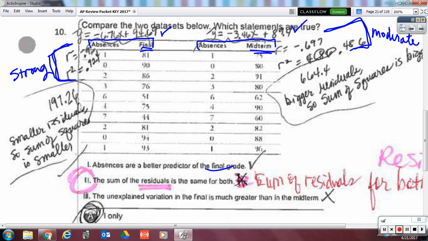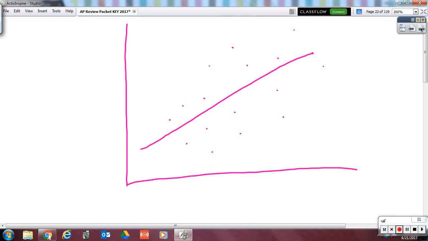Number 2 says the sum of the residuals is the same for both. To have that little discussion, I've got a quick picture here. So here is your equation with some data points around it. What do we know about the positive residuals summed with the negative residuals?